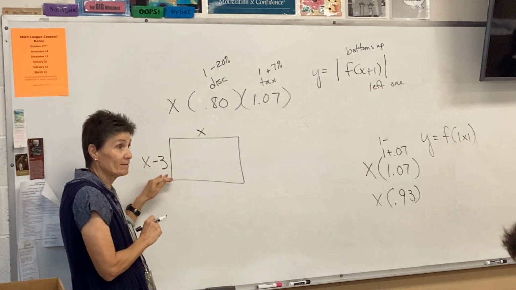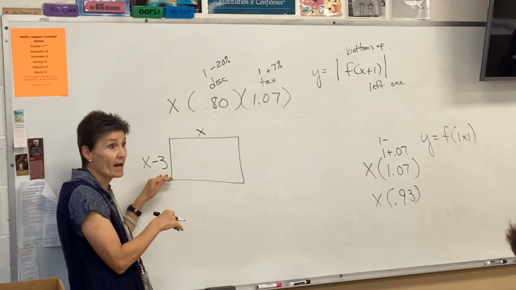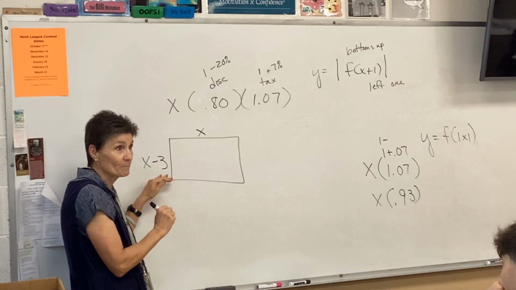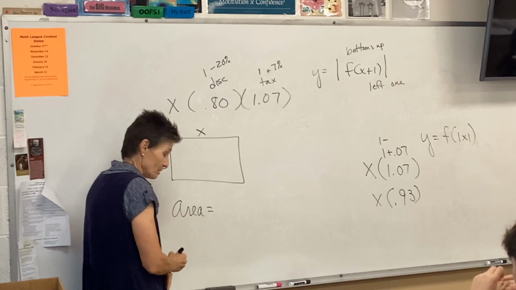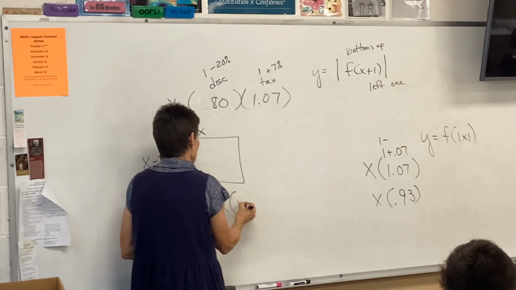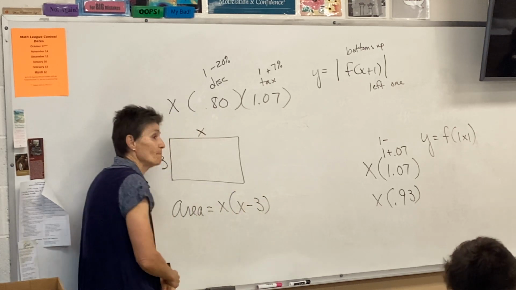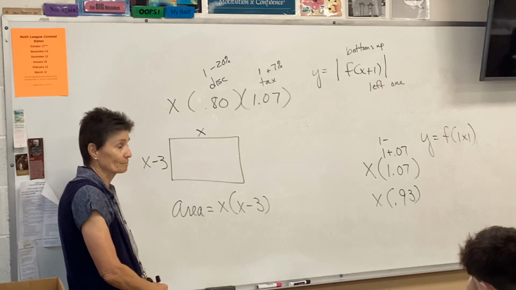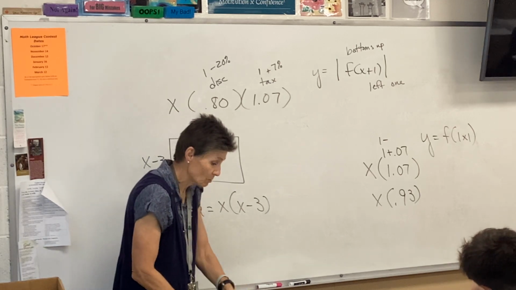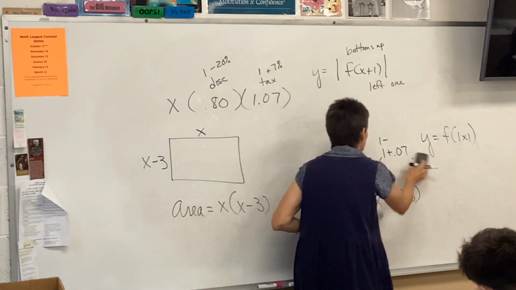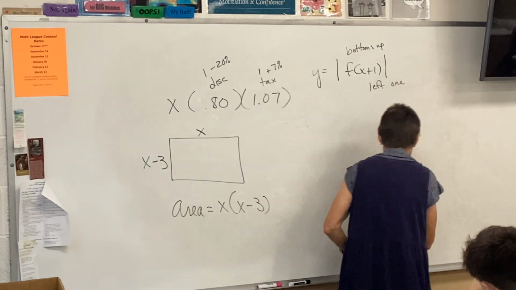So then my width is going to be 3 less than that, according to the problem. Now, what's the area then? Just multiplying together. So this would be the area, X times X minus 3. Perfect. So first we have to come up with labels for our sides, and then we can find the area.